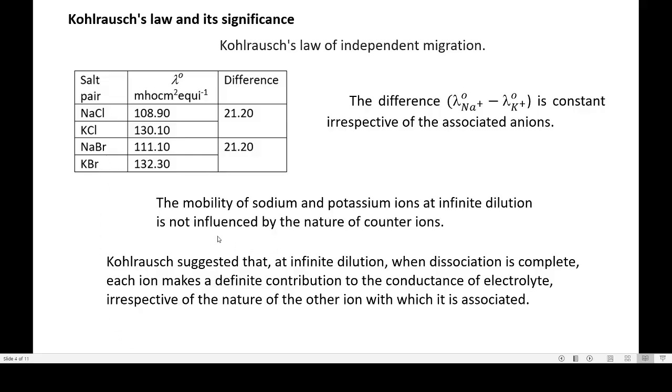Each ion will contribute its own ionic conductance, not influenced by the counter ion associated with it.